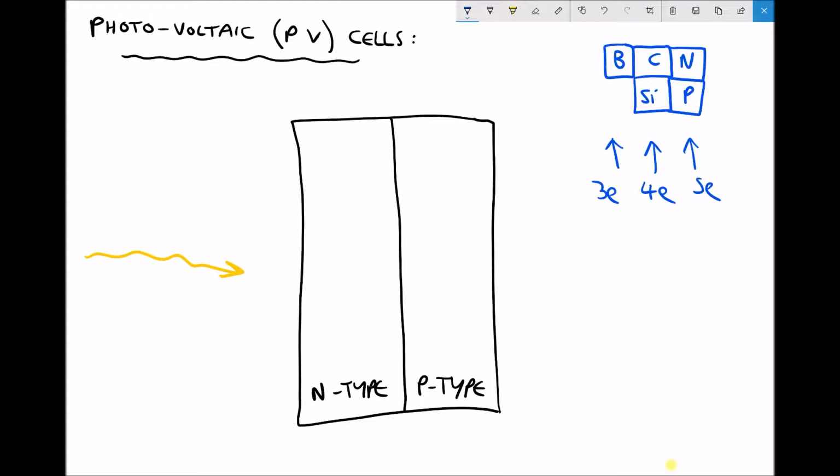Now, because silicon has 4 electrons in its outer shell, what it forms is a crystalline structure of covalent bonds. So typically we would have silicons, and each silicon would connect to another 4 silicons.